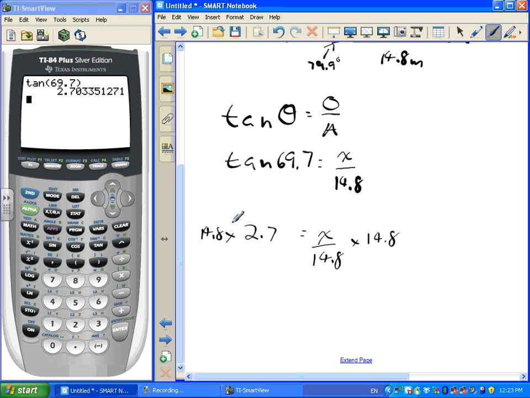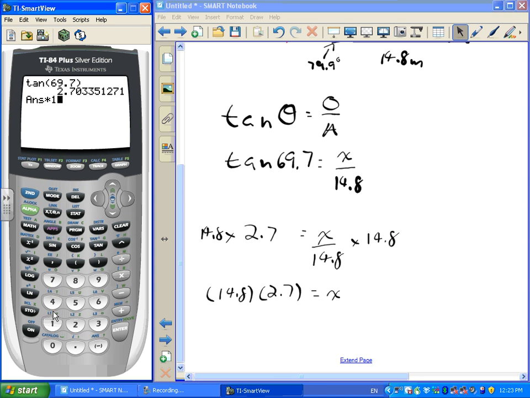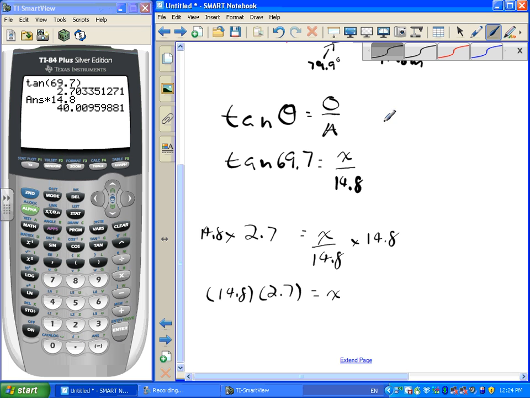So in other words, it'll look like this. 14.8 times 2.7 is equal to our x. So we take the answer from above and multiply by 14.8. 40. Okay? I'm just going to leave that as an even 40.